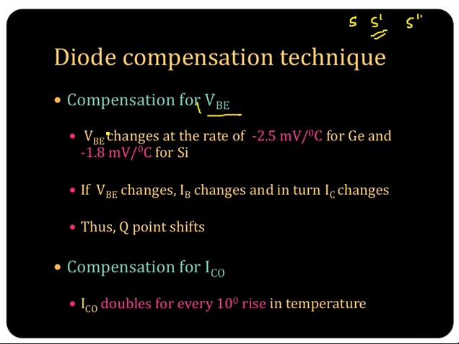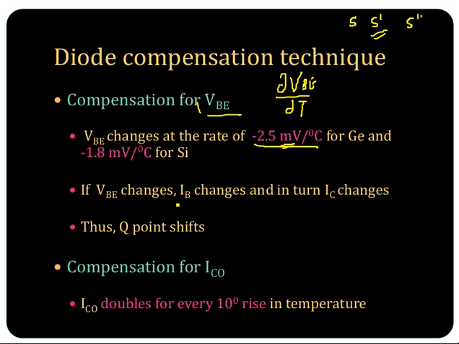Here you can see that VBE changes at the rate of minus 2.5 millivolt per degree Celsius, or you can call this dou VBE by dou T. What is T? Temperature. So with a degree rise in temperature, there will be a decrease of 2.5 millivolt for VBE if it is a germanium transistor, and if it is silicon, it is minus 1.8 millivolt per degree Celsius.